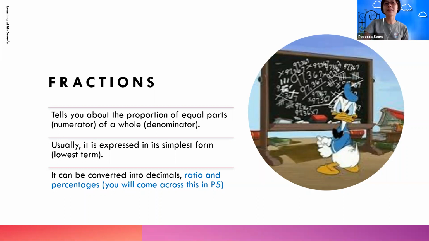Thirdly, it can be converted into decimals, as you would have already learned. And for those students here who are in primary 5, you will realize that fractions can be converted into ratio and percentages. So P4 students here, if you hear these terms, ratio and percentage, next year you will find that it's very familiar.